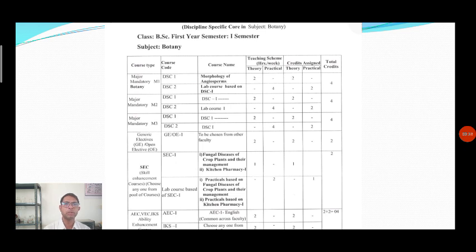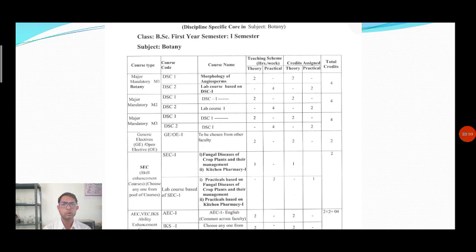For example, here in botany, fungal diseases of crop plants and their management. This paper is included in the syllabus along with another one, that is kitchen pharmacy 1. So the student is going to select either fungal diseases of crop plants or kitchen pharmacy.